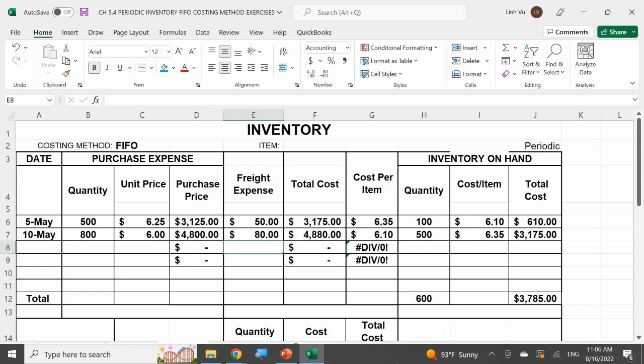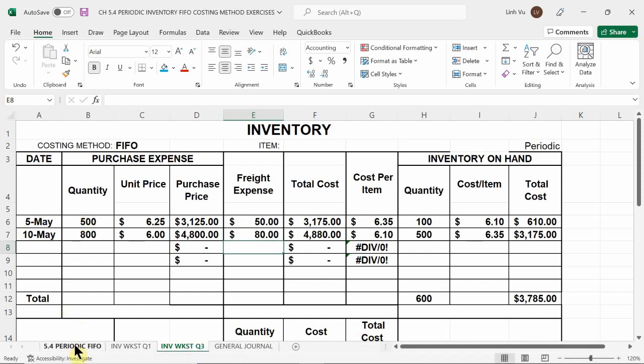Okay? So again, with formulas, some error codes might flag you for human error, but at the end of the day, this message just means that you can't divide by 0. But we know at the end of the day, those numbers will populate later. So that's that one there.